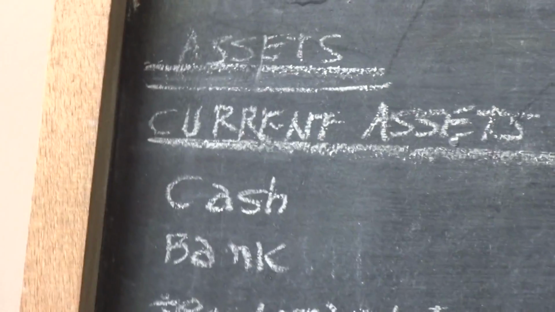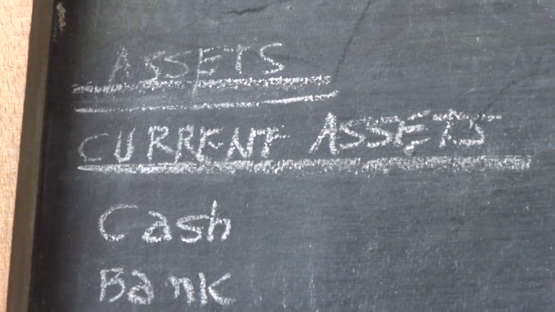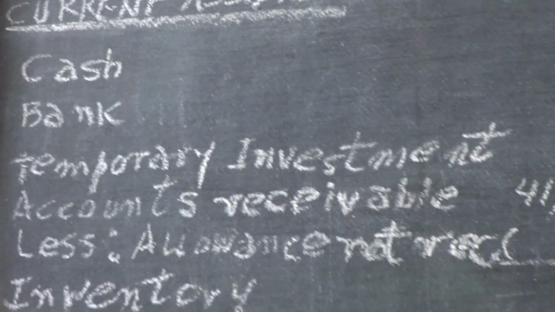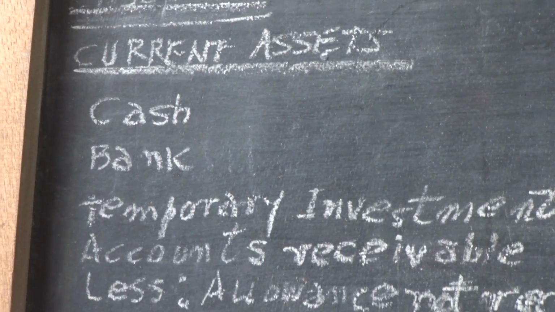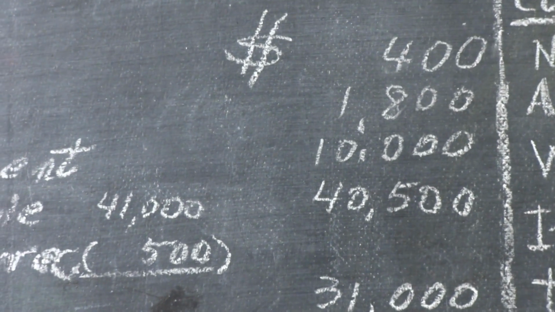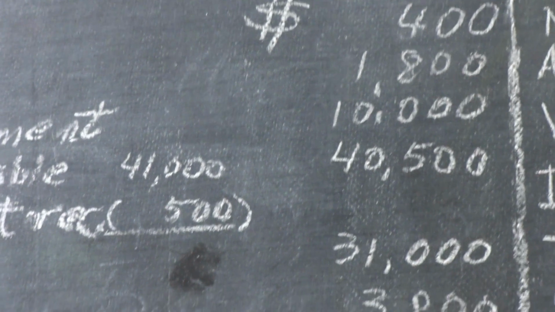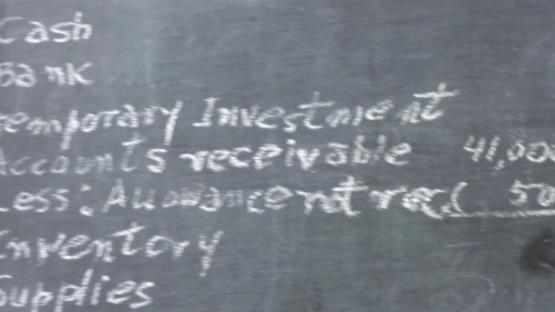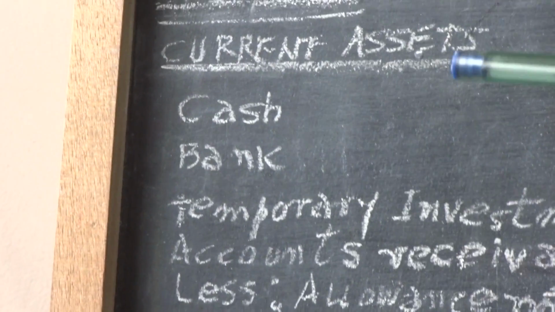Inside the assets, we have the current assets. The current assets are the properties that the company has that may be converted into cash in a short time, within 1 year.